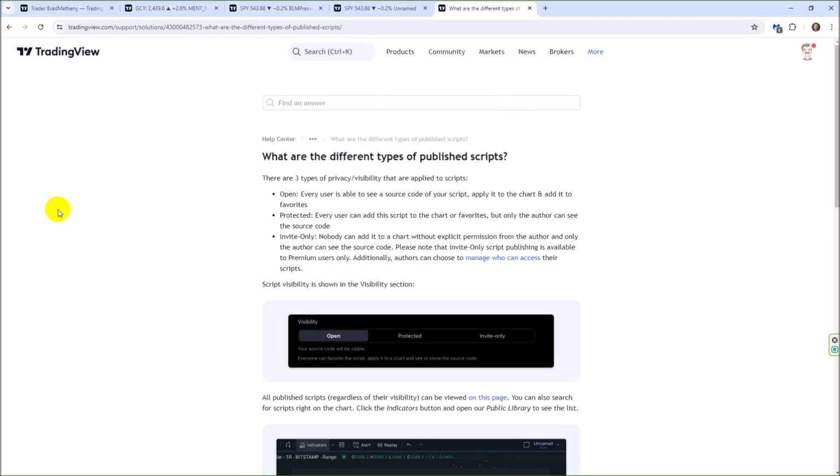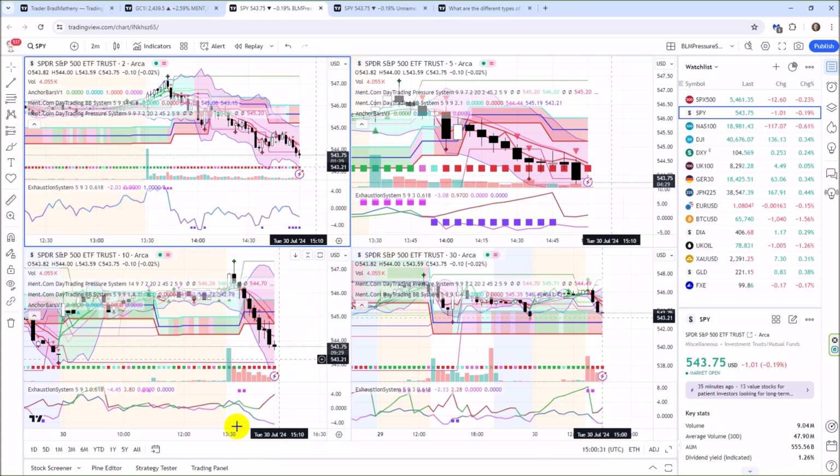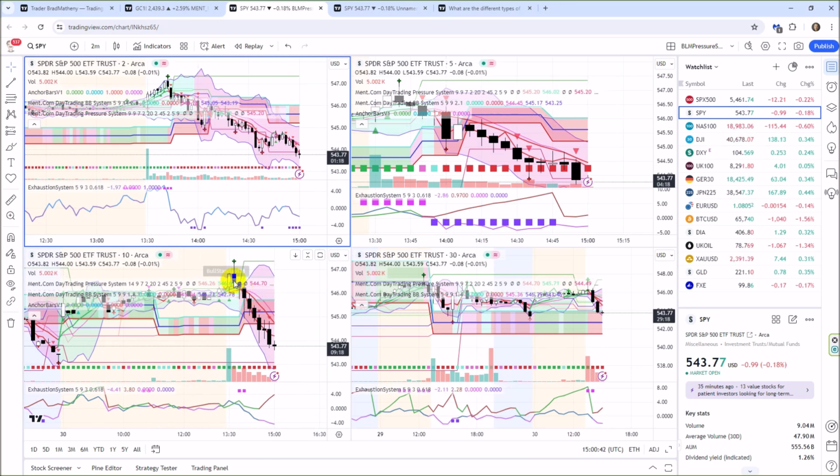Understood. Appreciate it. So let me go work on this coloring mechanism here and see what I can do to control this a little bit better. This is all controlled via an anchor bar rotation, so I can see what happened here.